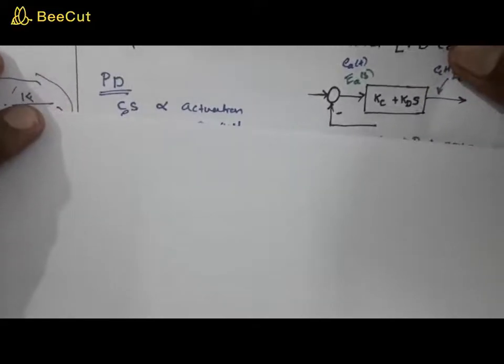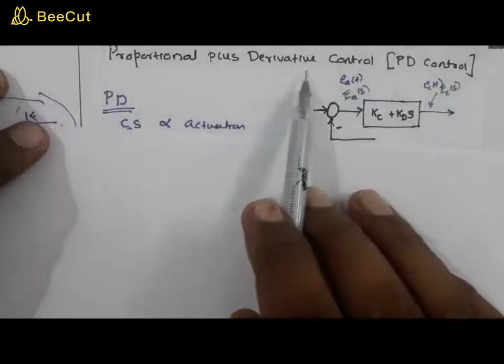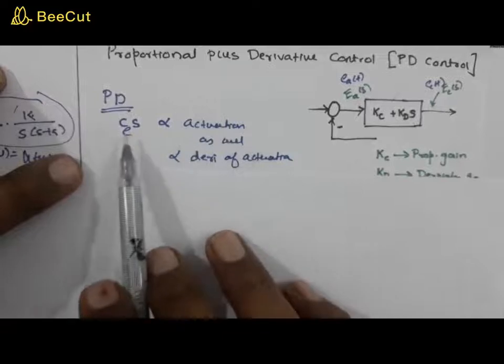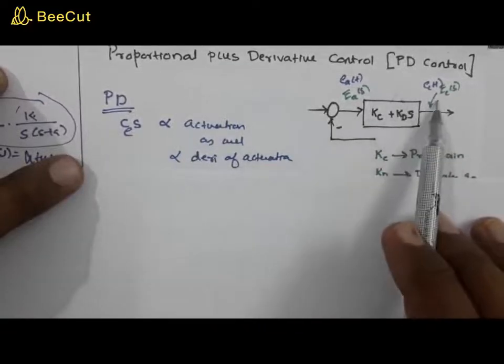We know that in a proportional plus derivative control, the definition of this type of controller is: you have the actuating signal and the control signal.